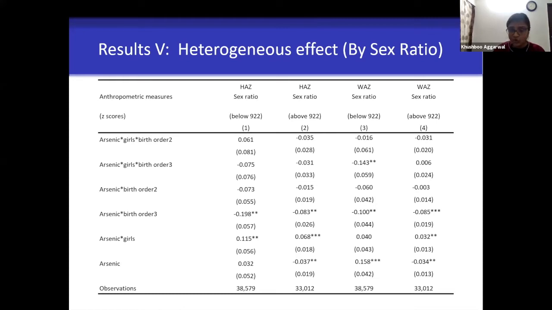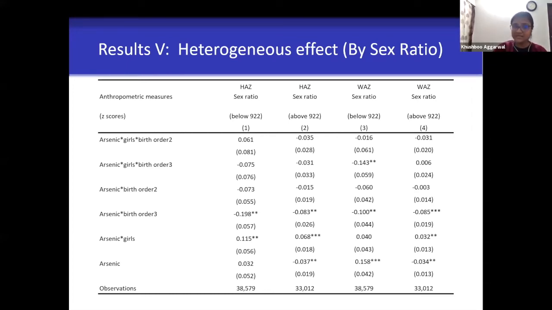So we don't find much effect in the case of height for age. But when we talk about weight for age in column 3, we find that the presence of arsenic has a negative effect on weight for age, especially for the girls who are born at later birth orders. This effect seems to be absent for the districts where the sex ratio is in favor of females as compared to males.